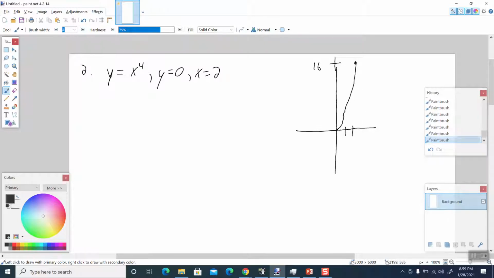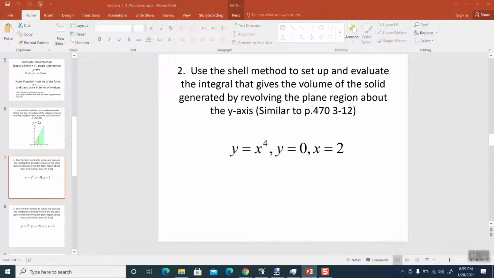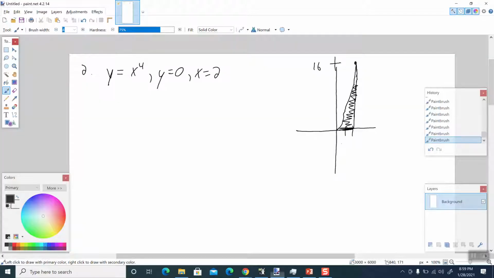Y equals 0, be that right there. X equals 2 would be this right here. Okay, so that's our setup. That's our picture. It tells us to revolve it about the y-axis.